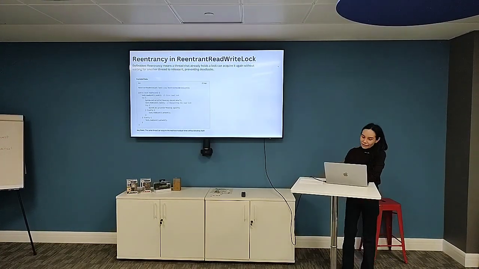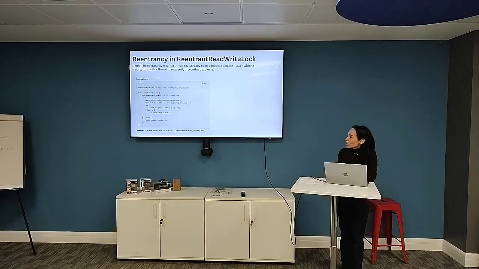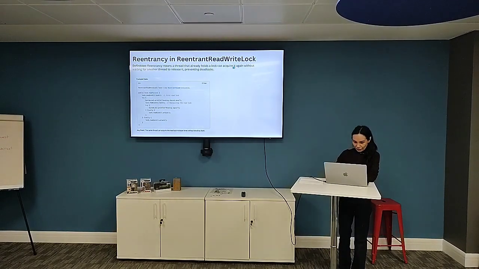There is an example of code. This is basically a method where first we acquire the read lock, then we acquire it a second time. Then you need to unlock the nested lock and then the second one. Okay, moving on.